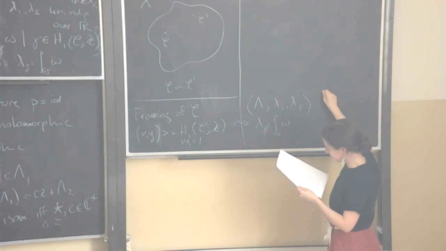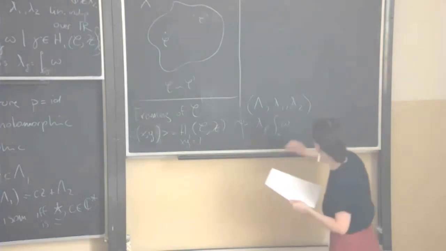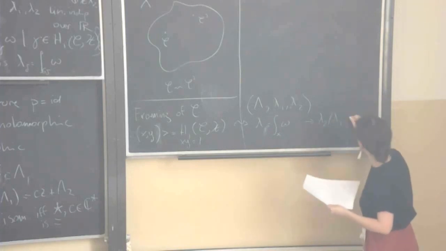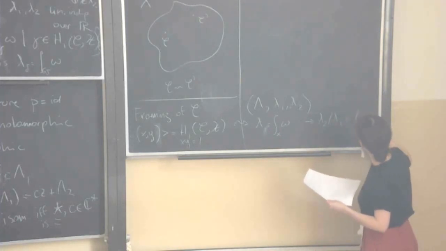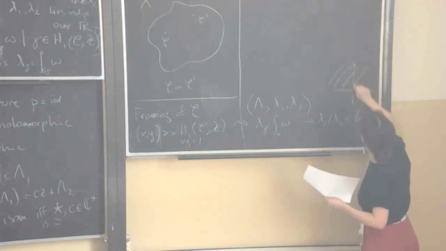And since here we have this condition, what we get is that lambda 2 over lambda 1 always belongs to the upper half plane of the complex space. So here.